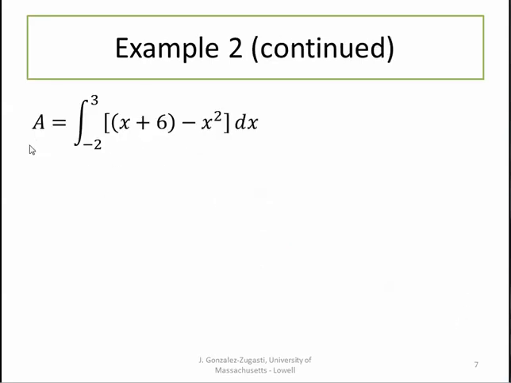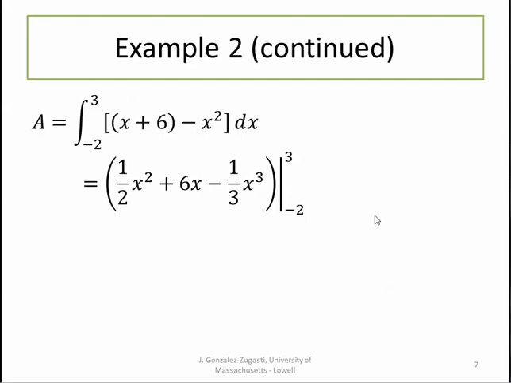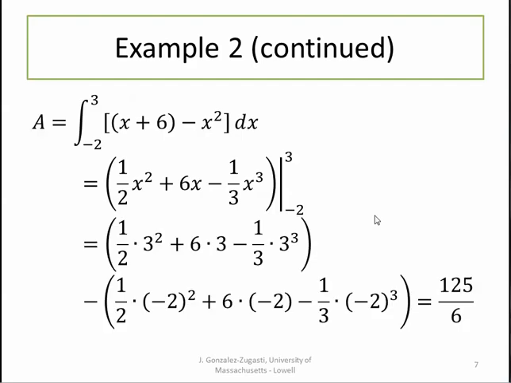So our area is going to be equal to the integral from negative 2 to 3 of my top function minus my bottom function. We go ahead and evaluate this, and we get that the area is equal to 125/6. Feel free to stop the video at any time and make sure you can do these calculations yourself.